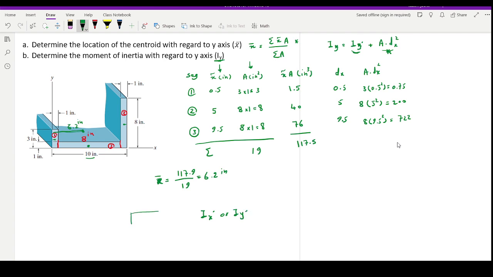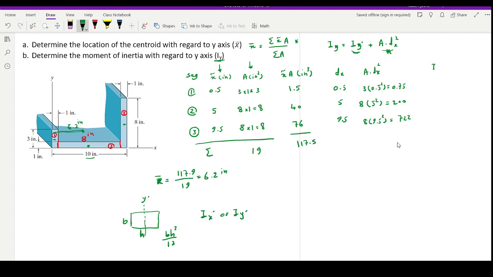It's tabulated for a rectangle with regard to the y prime axis. It's going to be base times h cube divided by 12. So base, which is parallel with the axis that we are looking for, and h cube divided by 3.